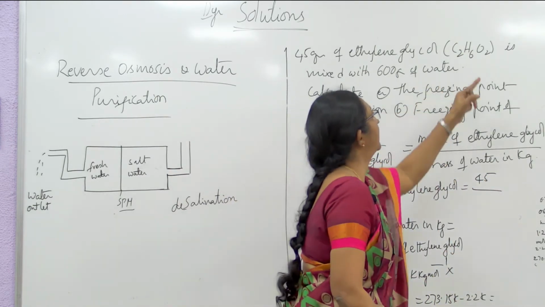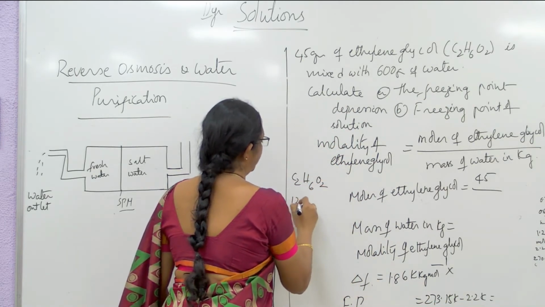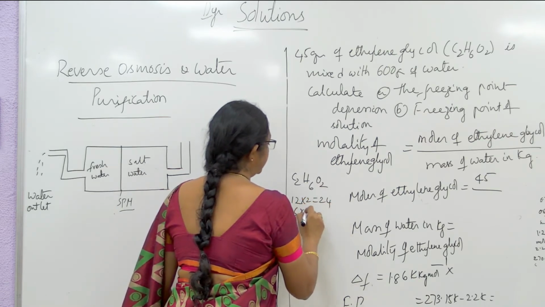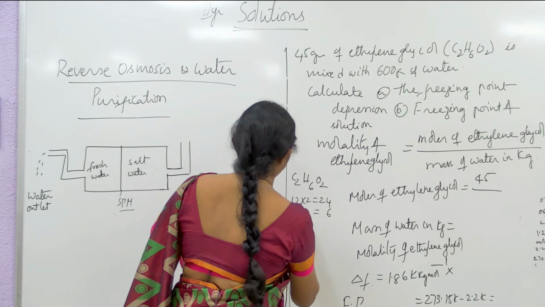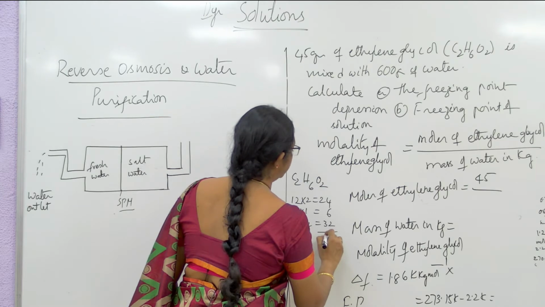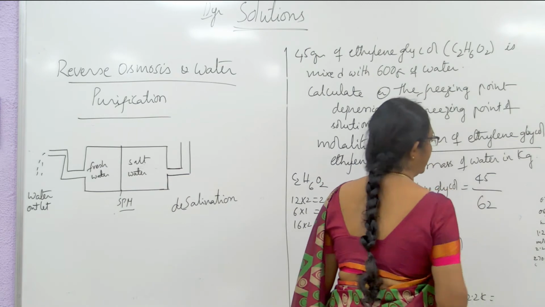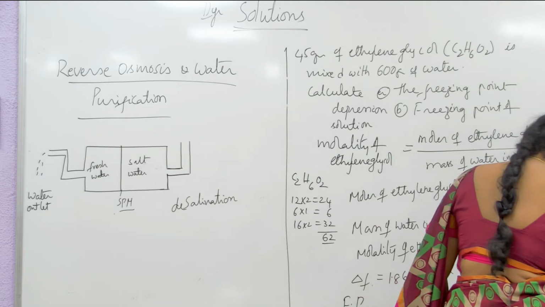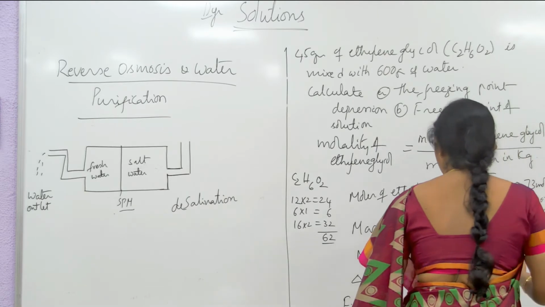And what is the molecular weight of ethylene glycol, C2H6O2? So 12 into 2, 24, 6 into 1, that is 6, and 16 into 2, that is 32. So this comes to 62. So 62 is the molecular weight of ethylene glycol. Then the moles will be equal to 0.73 mole.